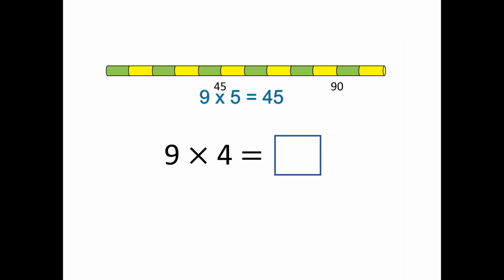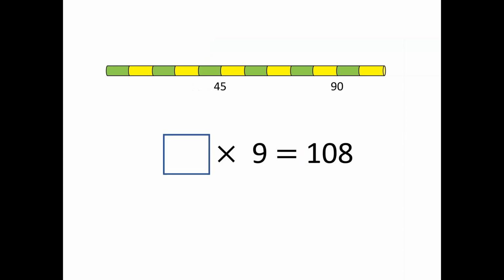We know that 9 times 5 is of course equal to 45, and we know that 9 times 10 is equal to 90. How can we use these facts to help us work out 9 times 4? Well, if 9 times 5 is equal to 45, then we just need to skip back 9 to find out 9 times 4.